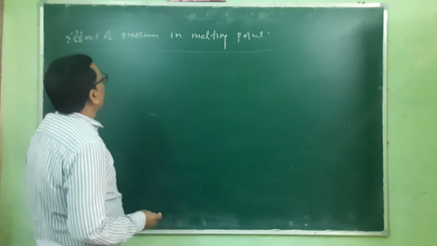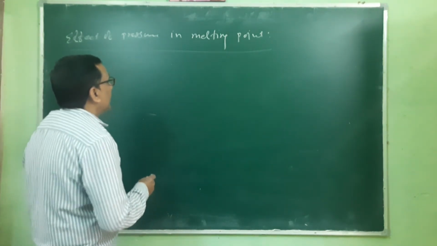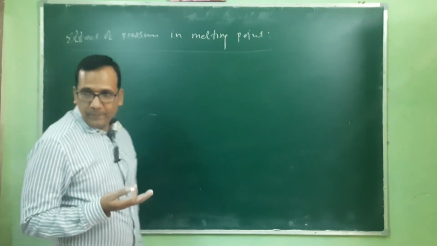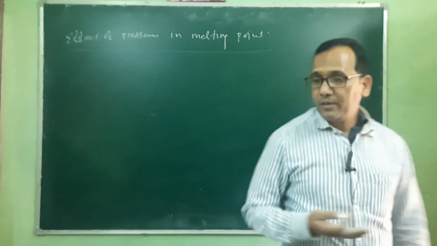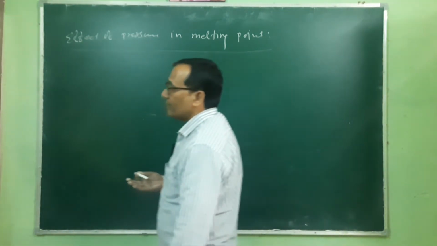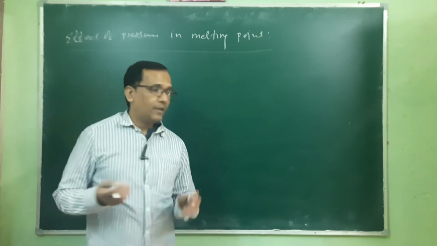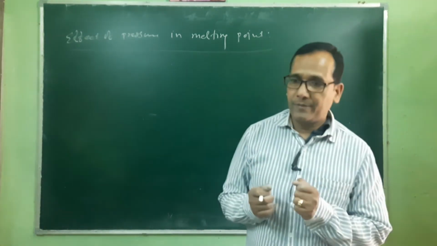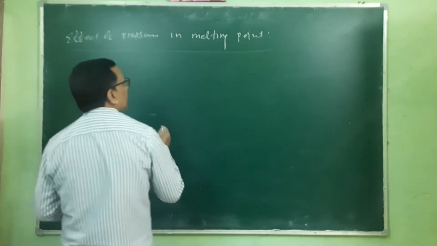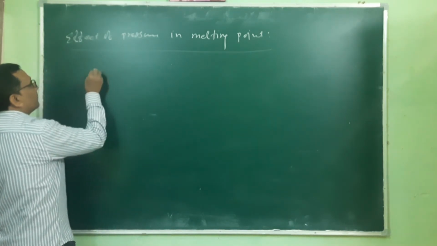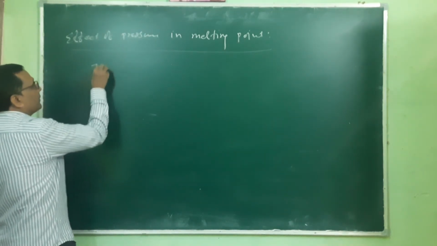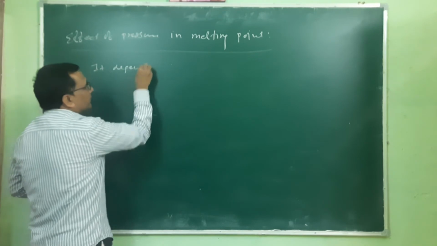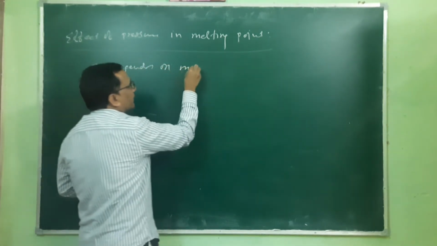So the effect of temperature on melting point depends on that material. In general, if we increase the temperature, we give heat energy, and the system is either contracted or expanded. It depends on the material or matter.